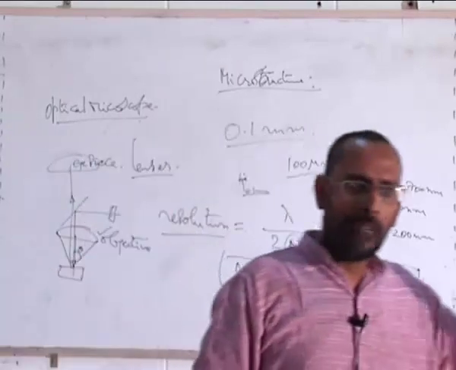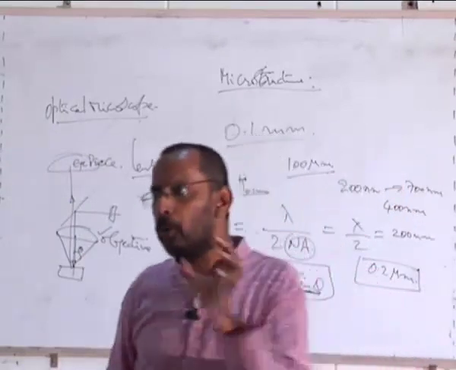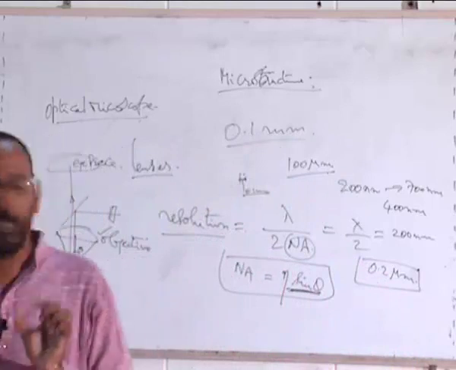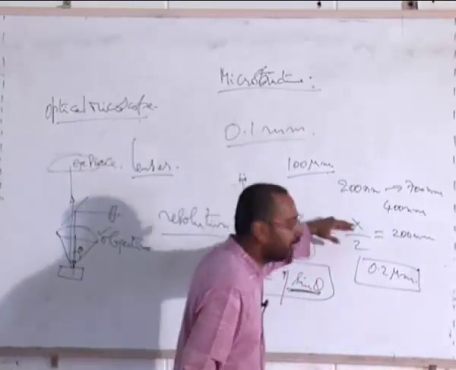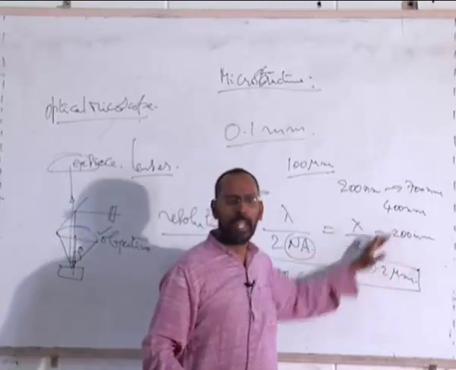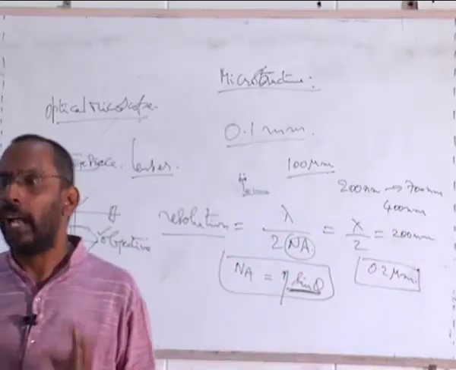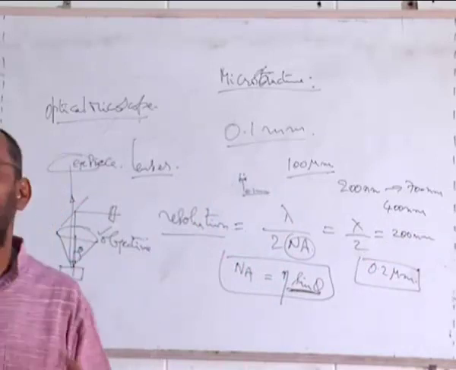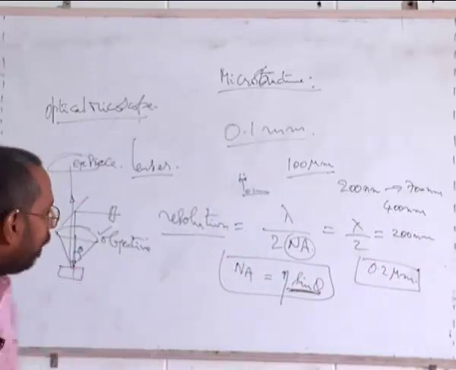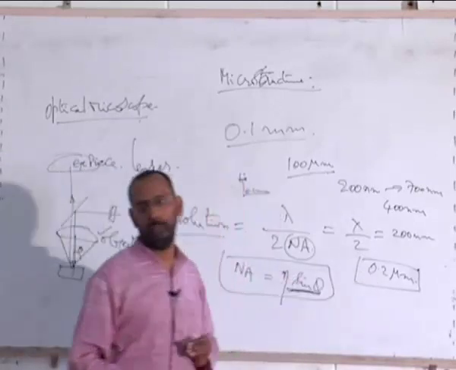If I put a blue filter, only blue radiation comes, with a lower wavelength, and that divided by 2 will be my resolution. So I can get a slightly lower value with that, which defines the resolving power.